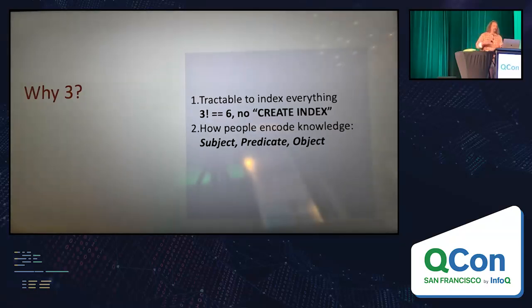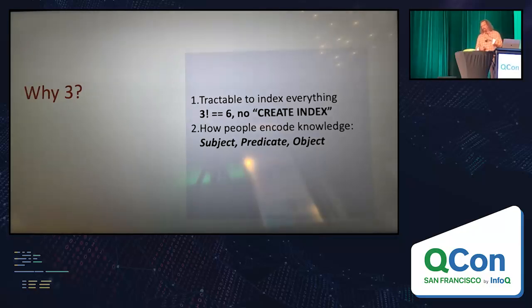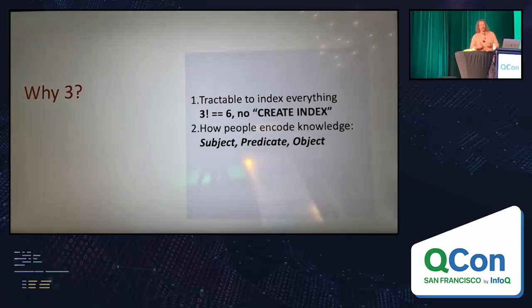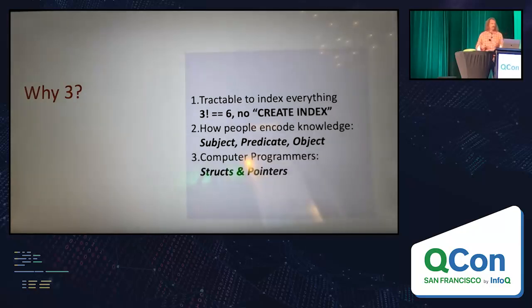Second of all, as subject predicate object would kind of lead you to believe, this is how people encode knowledge, right? So we are building database machinery that deals with knowledge the way people like to encode it, which seems like it ought to be a good idea.